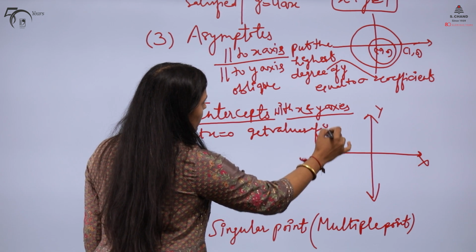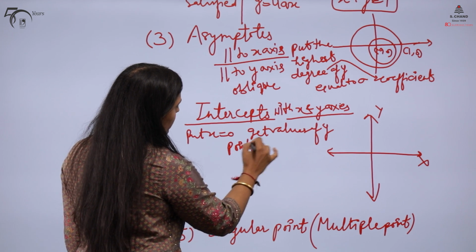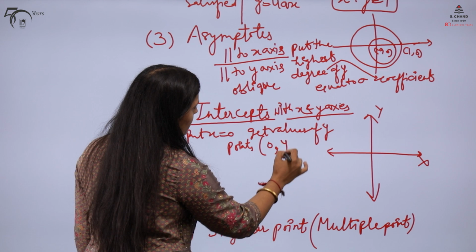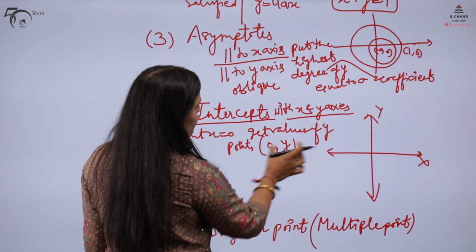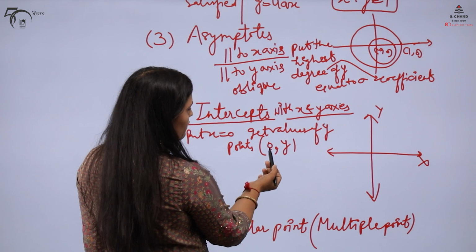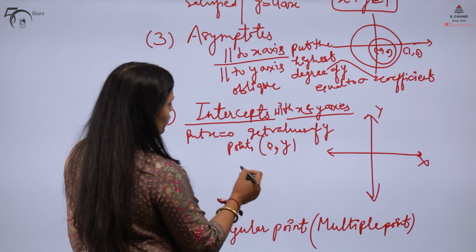You will get points like (0, y) with whatever values of y you get. If there are 2 or 3 values, you write those points in this form, because x is 0, so you fix x as 0 and keep putting the y values to get the points.